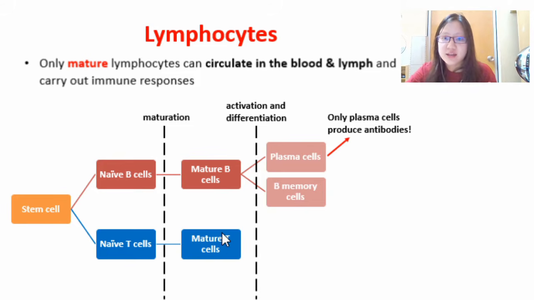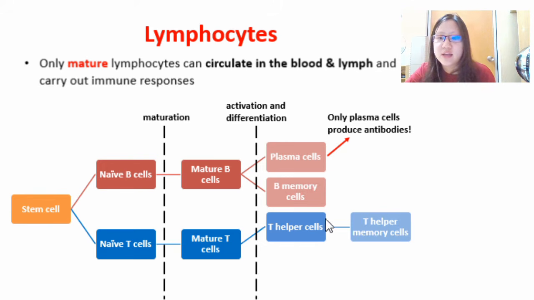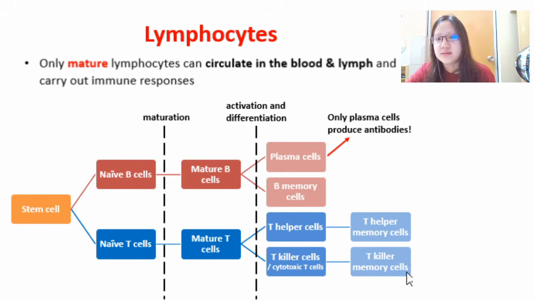Then it's activated, and it differentiates into T helper cells. T helper cells later on can differentiate to T helper memory cells. Mature T cells also can differentiate into T killer cells, or what we call cytotoxic T cells, which then also differentiate into T killer memory cells.